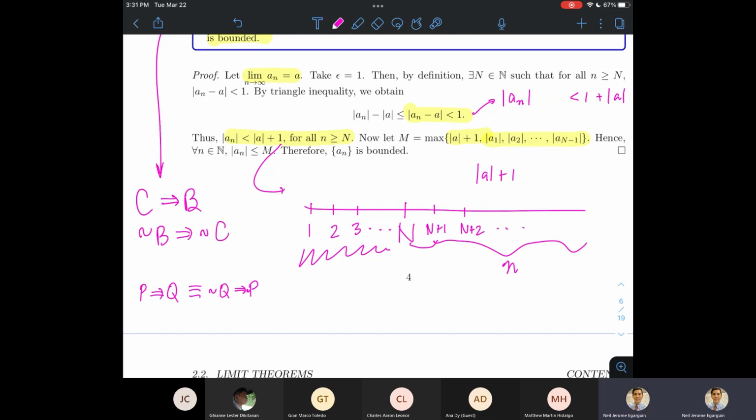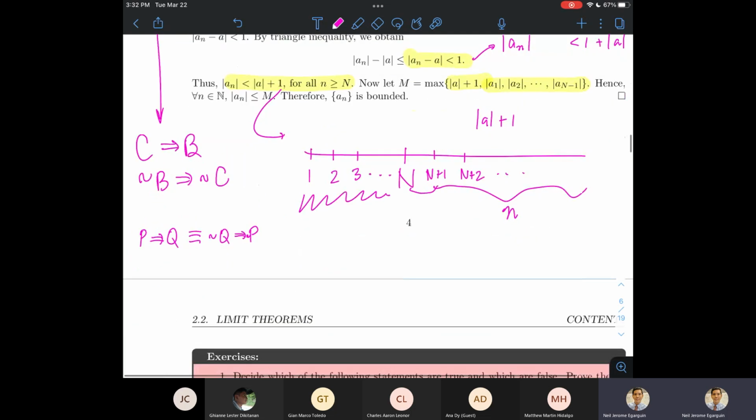In other words, if you have an unbounded sequence, then we are sure that that sequence is divergent. So which is basically, I think, one of our divergence criteria. Okay? So kapag alam mo na yung sequence ay hindi bounded, then sure na tayo na siya ay divergent. Okay? Now, the converse is not true.